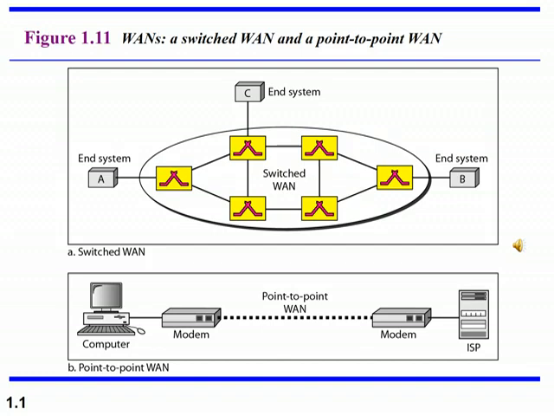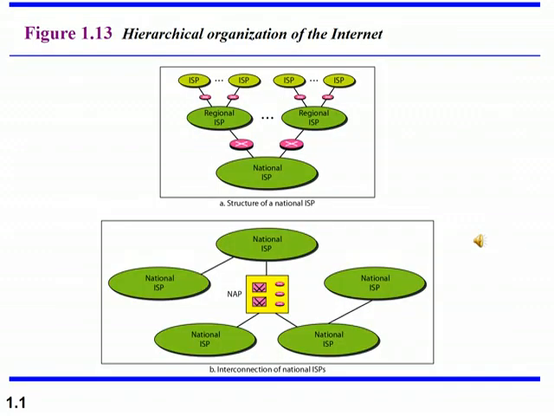This one is the hierarchical organization of the internet. In this case, the main thing is the national ISP, and from the national ISP, the interface is connected to the regional ISP, and then the individual network stations are connected to the regional ISP.